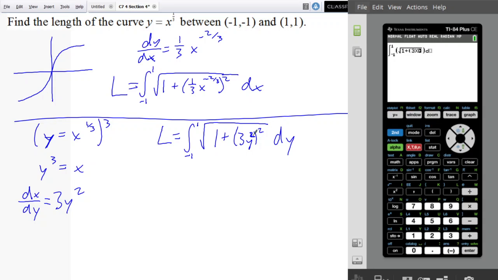I gotta make sure it matches. Luckily I caught that before I typed it into my calculator. 3x squared dy. And it looks like our arc length is approximately 3.096.